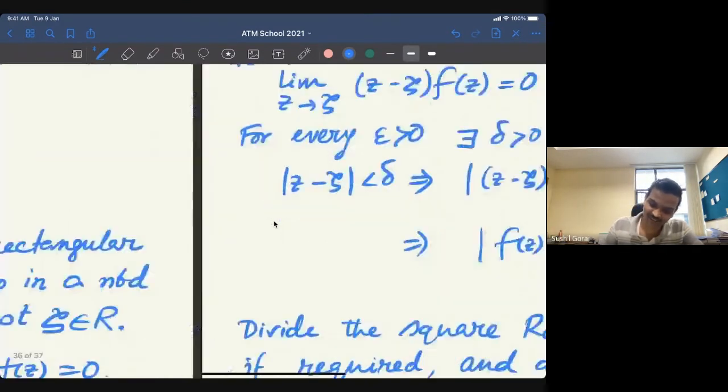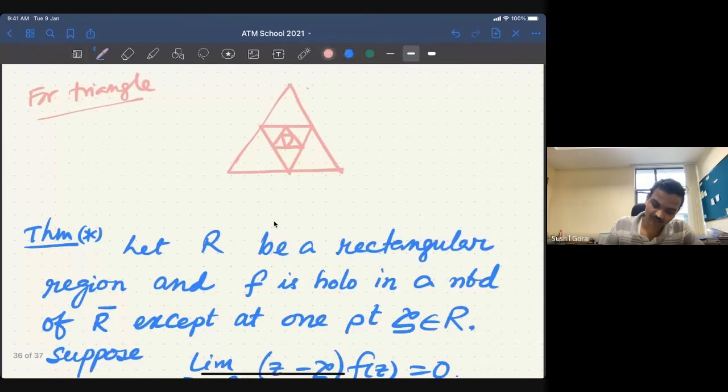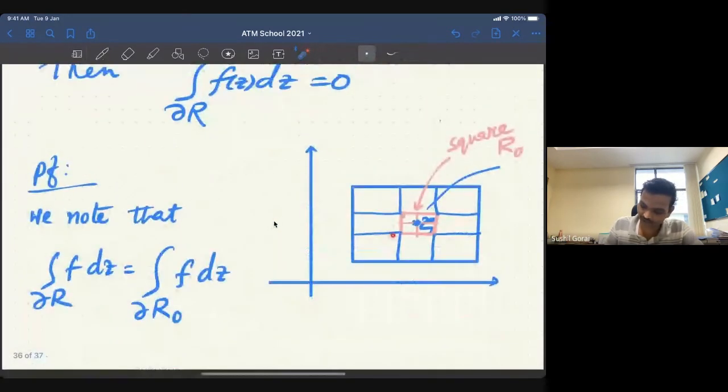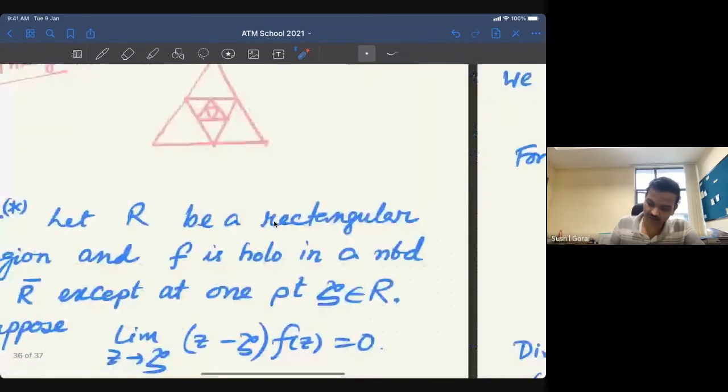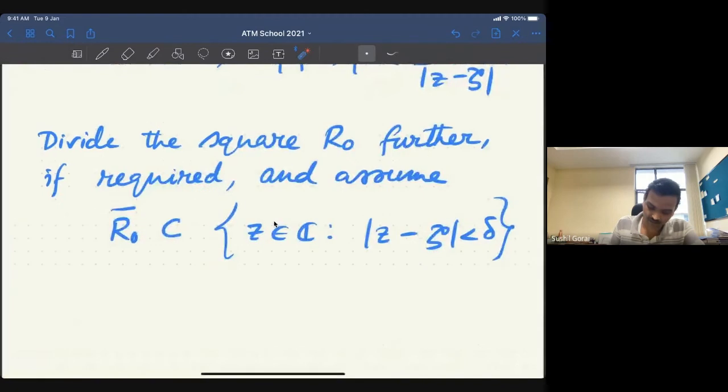So here we can divide further and further, keeping this zeta at the midpoint, and make it smaller and smaller so that this holds. All right.